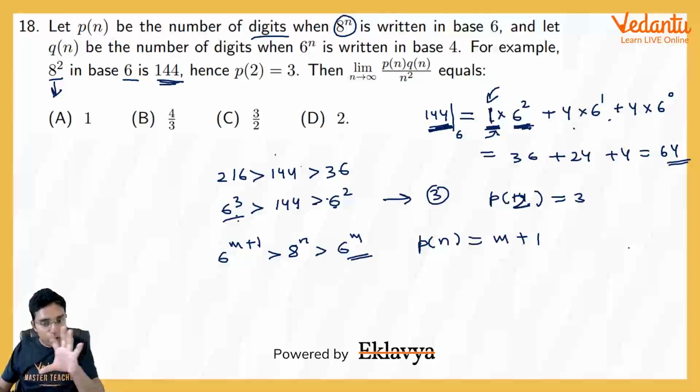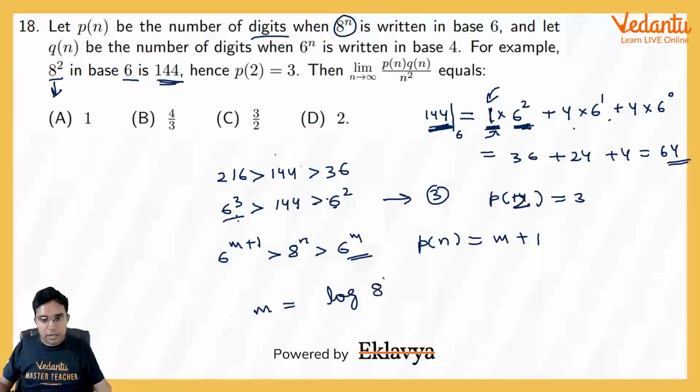Okay, now if you have understood this well, please understand here that this m is actually equal to the integer part of log of 8 power n to the base 6. I hope you understand this. M is an integer. So this m is actually equal to the greatest integer part of log of 8 power n base 6.